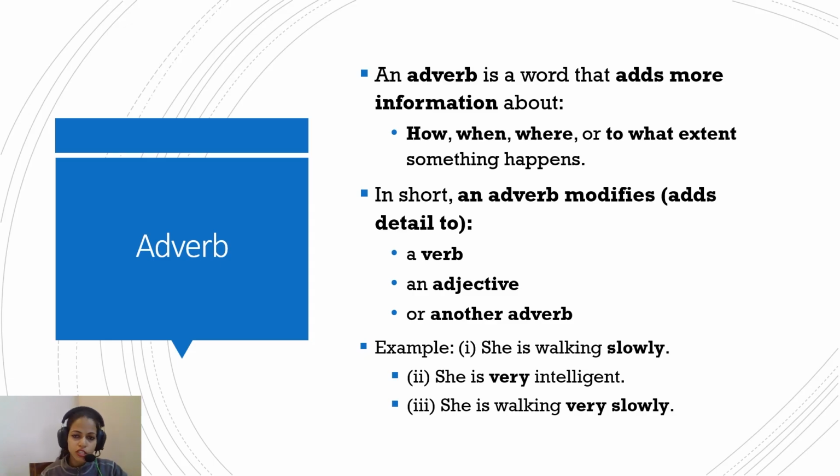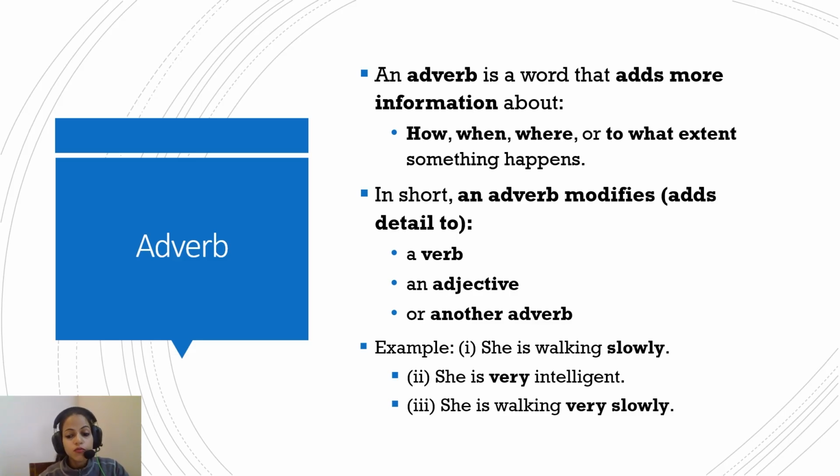For example, she is walking slowly. Here, the walking is verb. How is she walking? She is walking slowly. So here, slowly is modifying the verb walking here. She is very intelligent. So here, the word very is an adverb that is modifying the adjective intelligent here. She is walking very slowly.